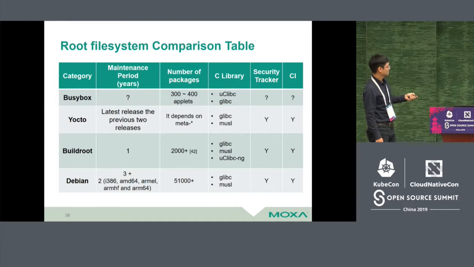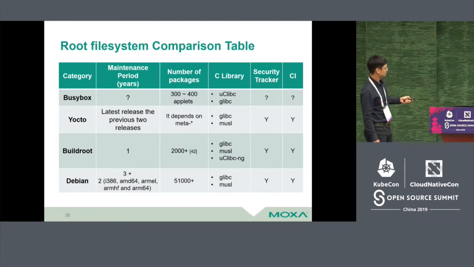It depends on the meta layer; it can provide a root file system. BusyBox contains 300 to 400 applications. So it's not a package; it's all just inside BusyBox. So it could be very tiny, but functionally limited. It also only supports uClibc, glibc, and musl.